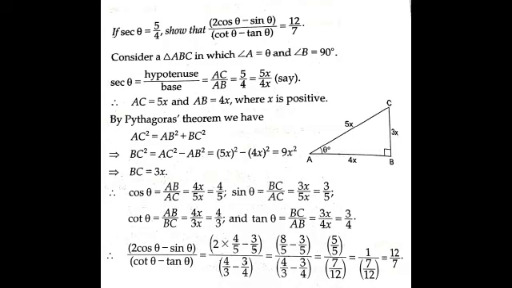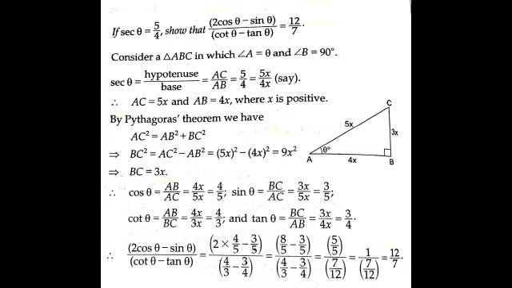And sec theta, as we know, is hypotenuse by base. So for this triangle, hypotenuse is AC and base is AB for angle theta, that is angle A. And it is equal to 5 by 4, so we can write 5x by 4x. This we have assumed, that is AC is equal to 5x and AB is equal to 4x, where x is positive.